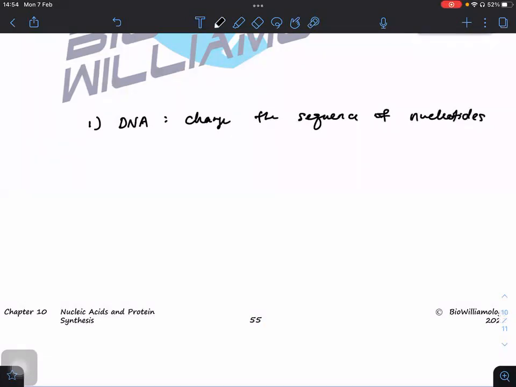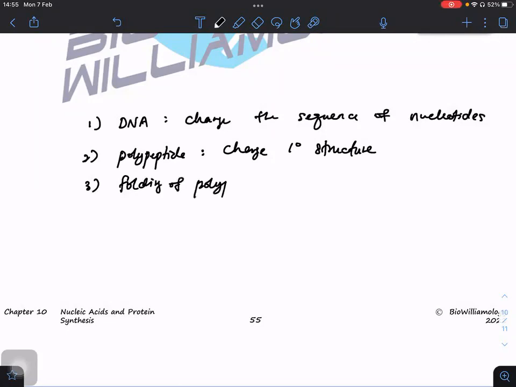Number 2, at the polypeptide level, it will change the primary structure of the polypeptide, meaning that the sequence and the type of amino acid will be different, particularly when we talk about the frame shift.